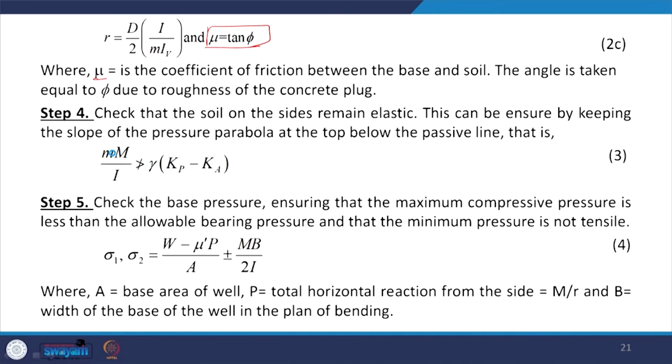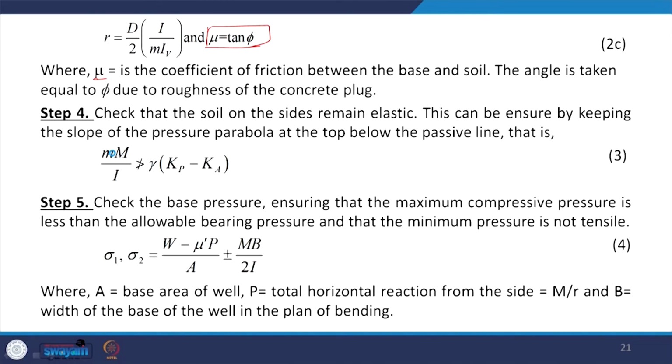The value of sigma 1 should be less than the permissible stress, while sigma 2 should not be negative, it can be 0, because no tension should come into the picture. So, in step 5 we will make sure that sigma 1 is less than the permissible value, while sigma 2 is greater than or equal to 0.